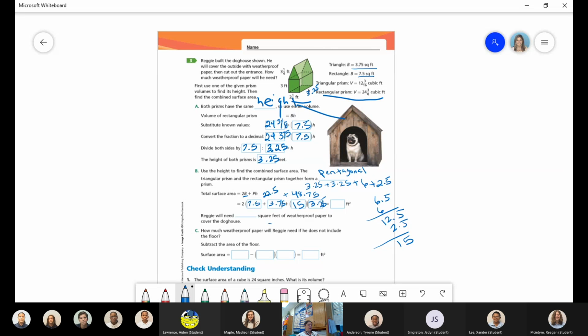And if we add those together, we get 71.25. So Reggie will need 71.25 square feet of weatherproof paper to cover the doghouse.